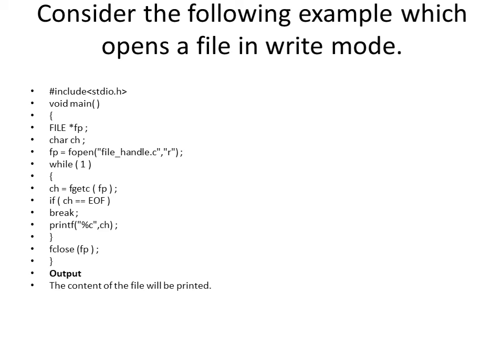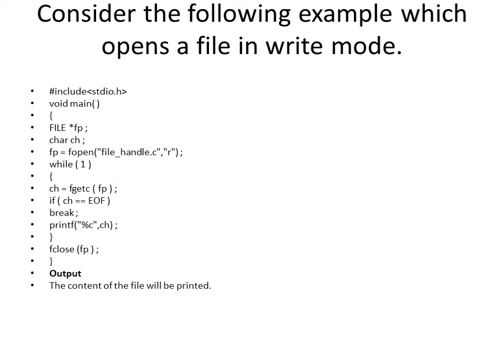Here I am giving the example. stdio.h, void main, FILE star fp is a pointer variable of file type, char ch. fp equals fopen, that is, I am opening a file file_handle.c, and r is the mode which I am using, read only.